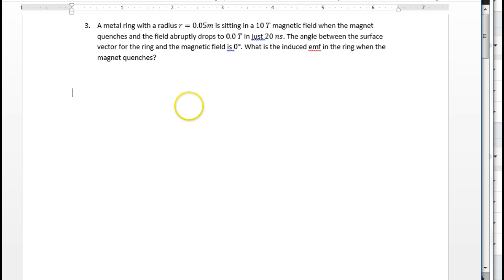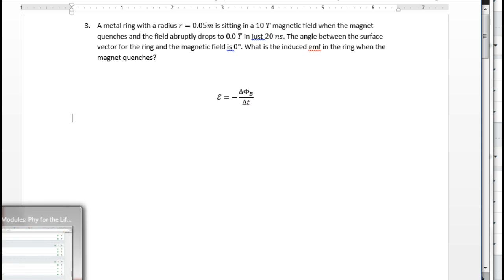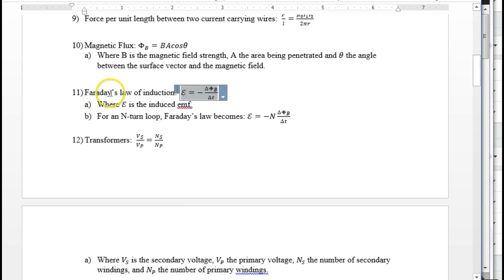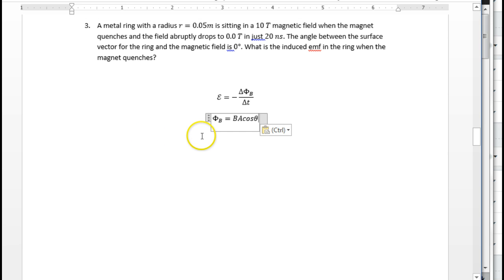Induced EMF is minus the change in the magnetic flux divided by the change in the time over which it changes. The magnetic flux is B field times the area times the cosine of the angle between the surface vector and the magnetic field. In this case, that angle is 0, so this is just going to give me BA.